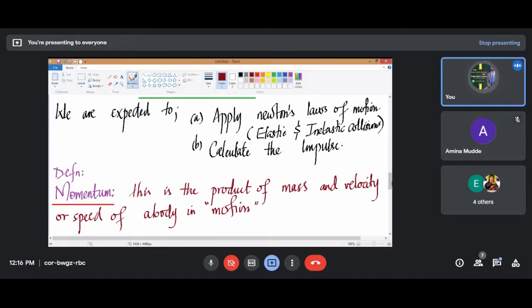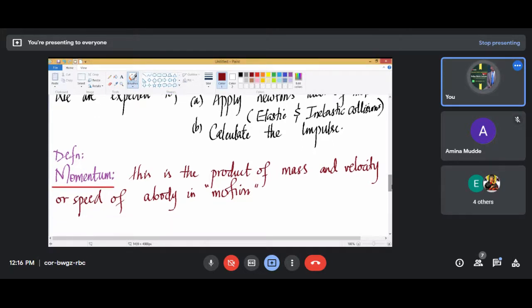It may be at rest, but that product is what we call momentum, which is denoted as capital M, and the mass is taken as small m here, and the velocity or speed is taken as v. So the product of m and v is what we refer to as momentum.